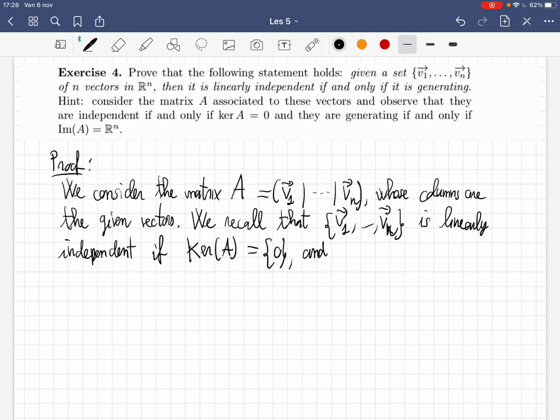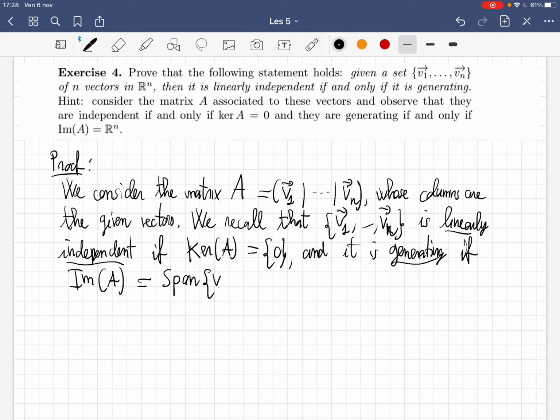And it is generating if the image of A, which is, by the way, the span by definition, is equal to R^n. We recall the formula.